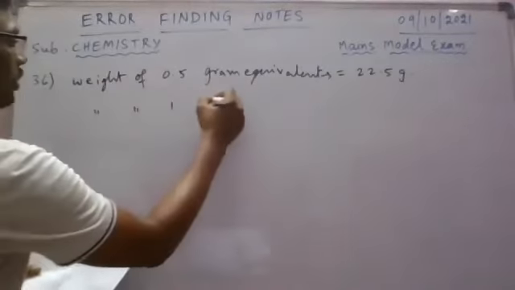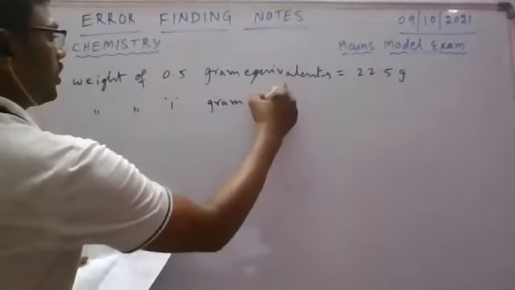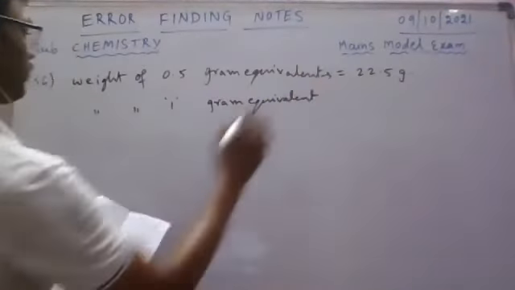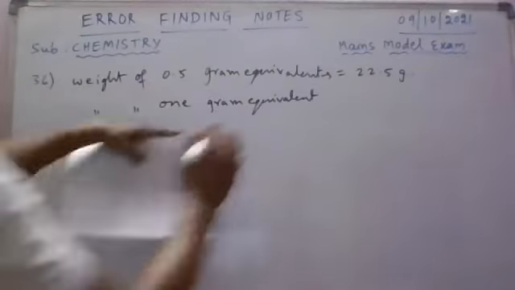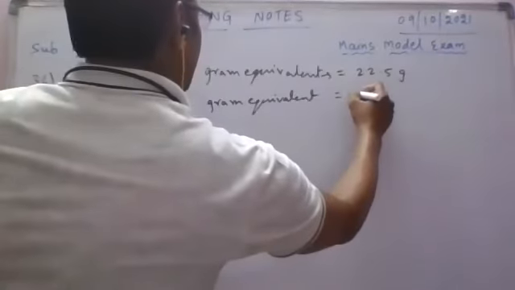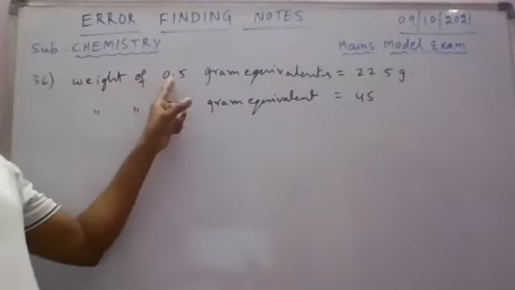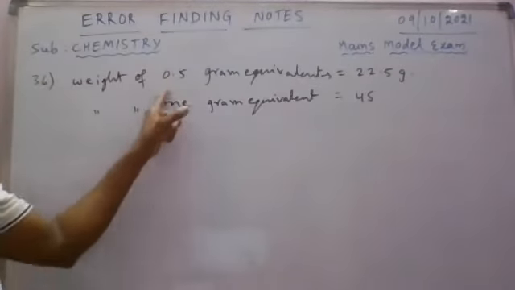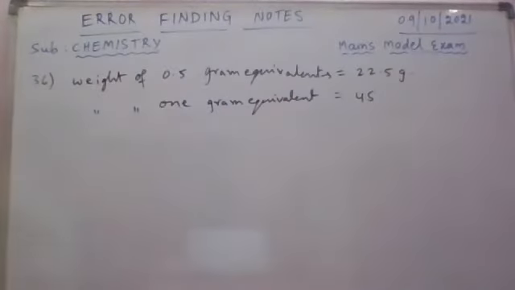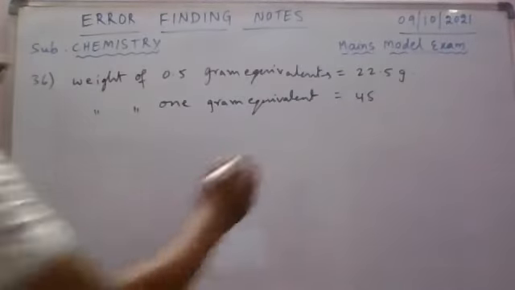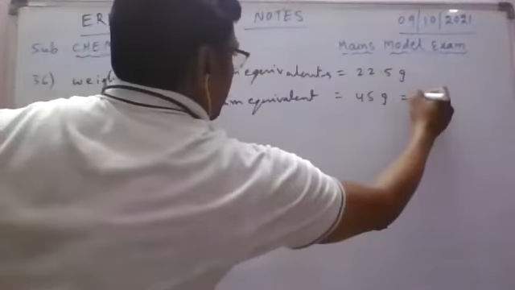Then the weight of 1 gram equivalent is equal to 45. This is a half equivalent, with value 22.5. One equivalent has weight 45 grams. Here this is nothing but the equivalent weight.